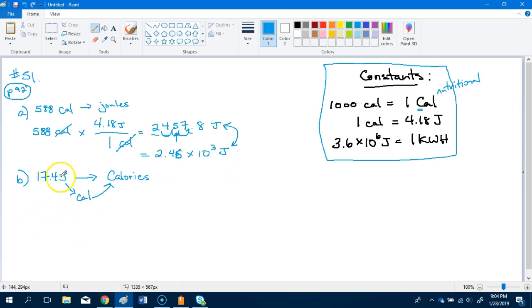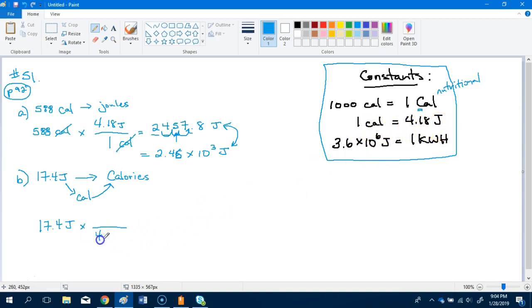So the first thing I always do again is I write down what I was given, 17.4 joules. First, I want to convert that to regular calories. So I'm going to multiply by the conversion factor of here, 1 calorie equals 4.18 joules.